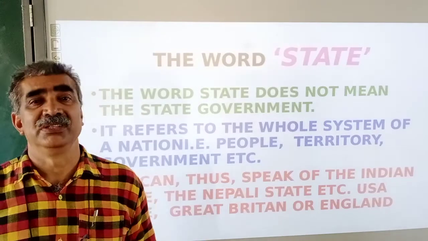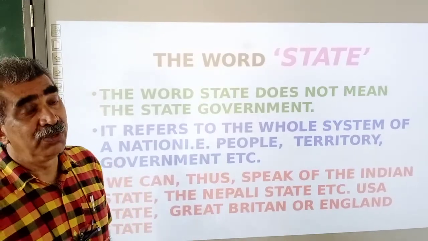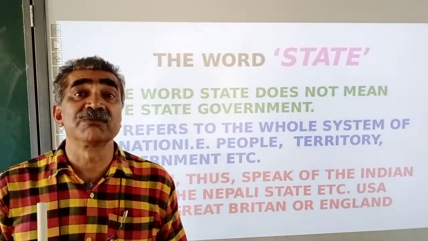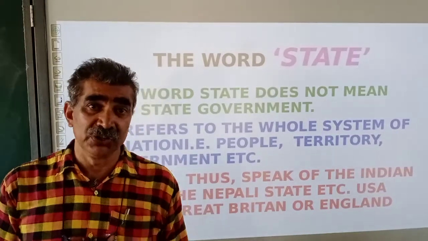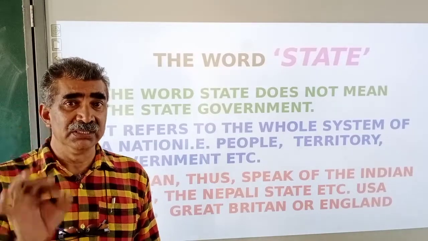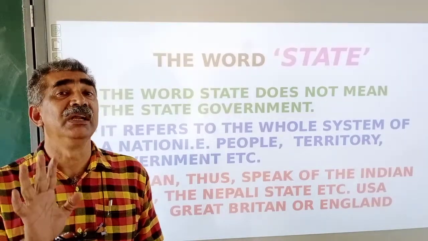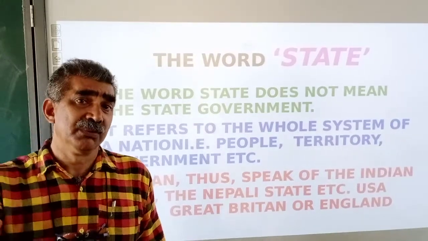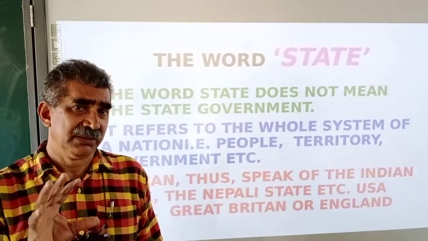So when we see the word state, don't get the misconception of state government. No. In political science, the word state means a country. You can say the simple meaning is country, but there's no problem. Keep that in mind.